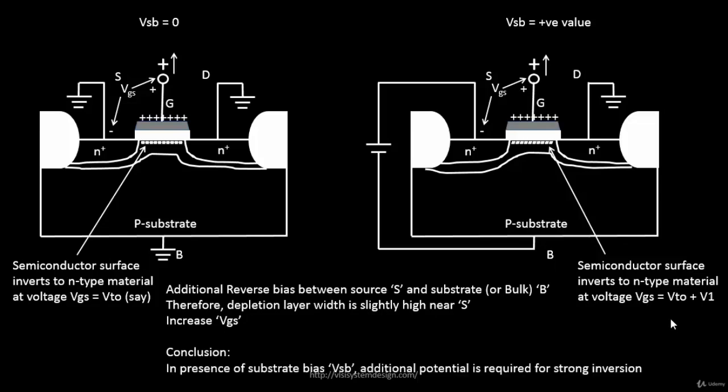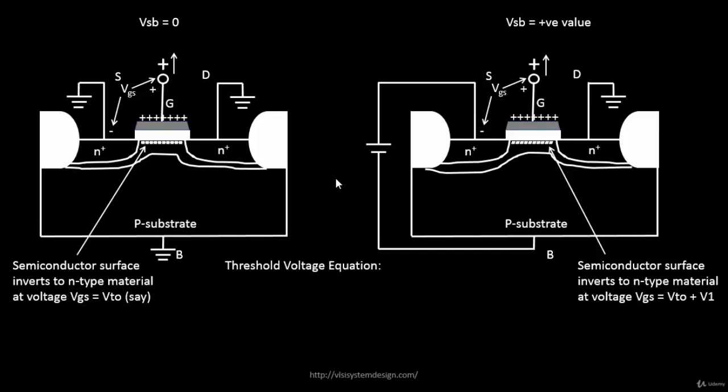So the conclusion is, in the presence of substrate bias VSB, we need an additional potential for strong inversion. That's pretty much the case that happens here, and that is needed. So the threshold voltage equation will be VT0 plus this huge equation that has a dependence on the technology parameters or the device parameters.